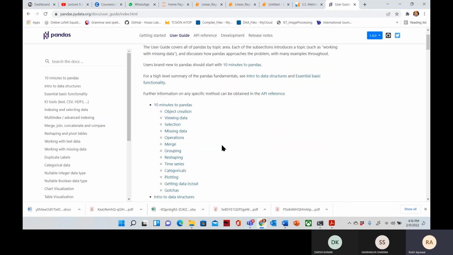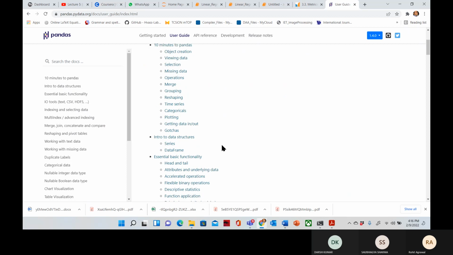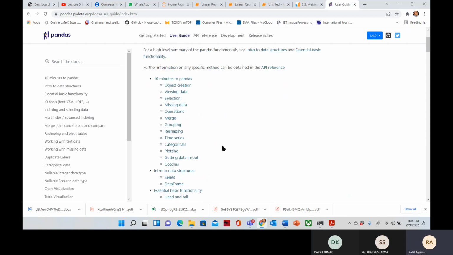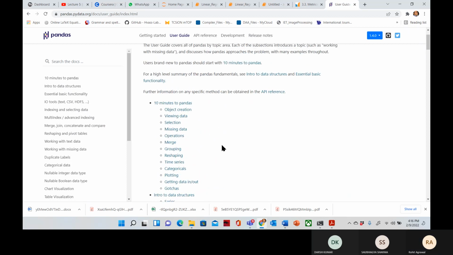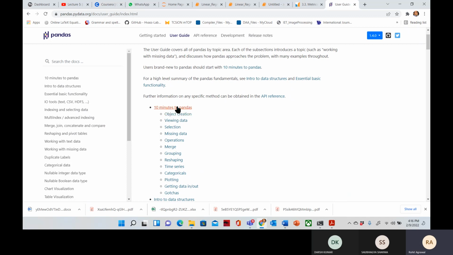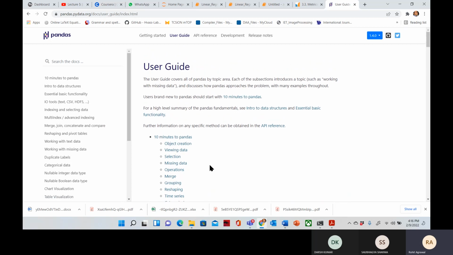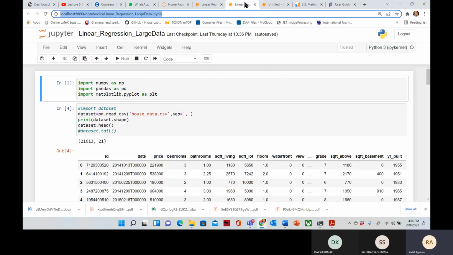These are the facilities available. I will show you with an example. Object creation, viewing data, selection, missing data handling, merging, grouping, reshaping. A lot of things are available using Pandas. Okay, so I will show you here.